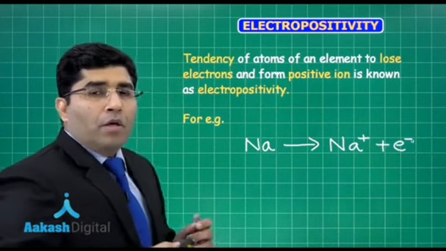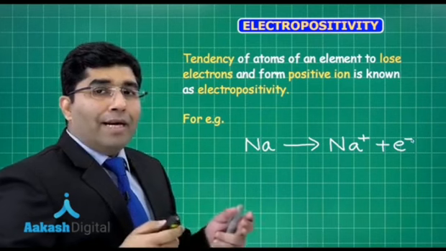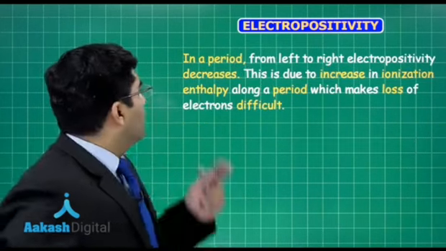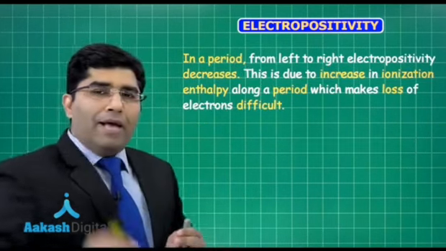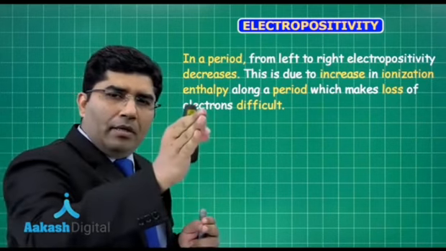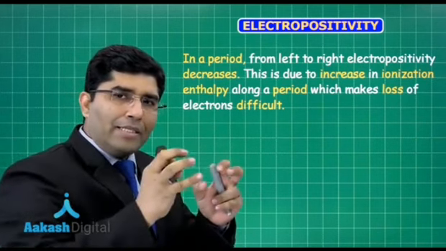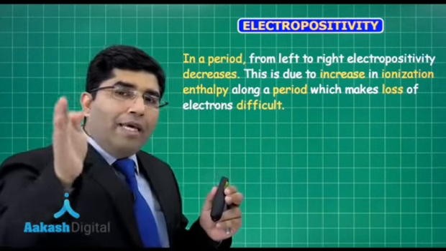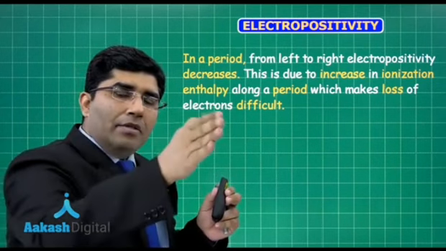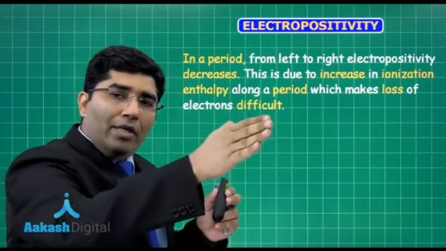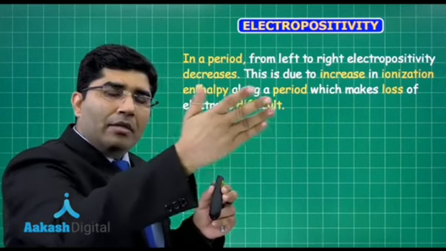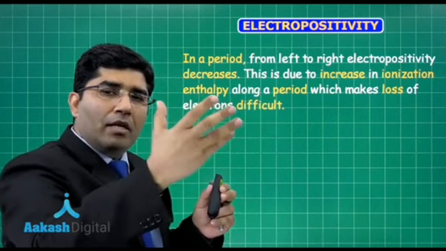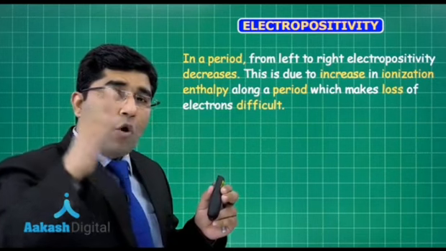Now we have to know what is the trend of electropositivity. In the period, as we move across the period, the effective nuclear charge increases. We are increasing the number of protons in the nucleus as well as the number of electrons in the shell. This thing we have discussed already in the atomic radius and ionization energy.